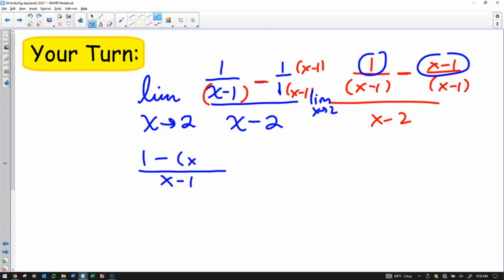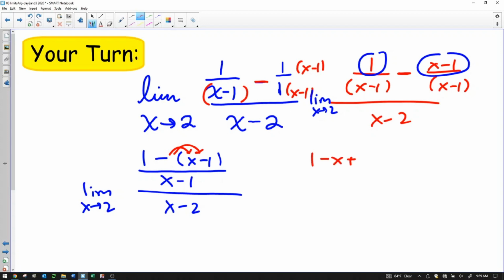This is 1 minus x minus 1 all over x minus 2, and this is a limit problem. This negative here distributes, so this becomes 1 minus x plus 1 over x minus 1, all over x minus 2. And of course, the limit still exists. I haven't taken the limit yet. Oh, sorry, x goes to 2.